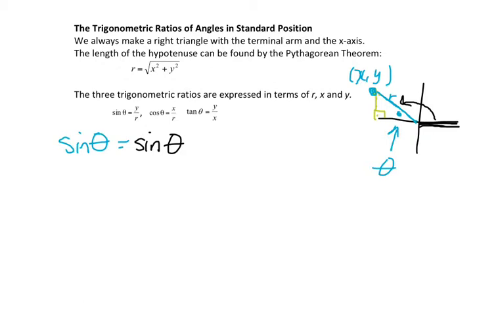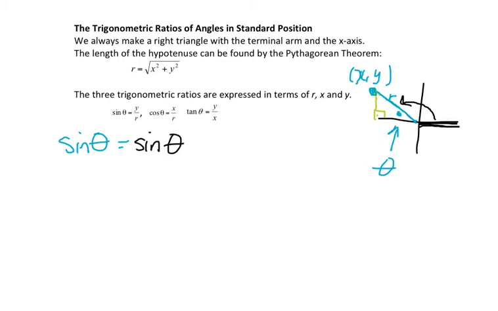Notice that this angle is going to be an acute angle between 0 and 90. This angle here is going to be greater than 90 and less than 180, but the sine values are going to be the same. They're both going to have this y over r value.